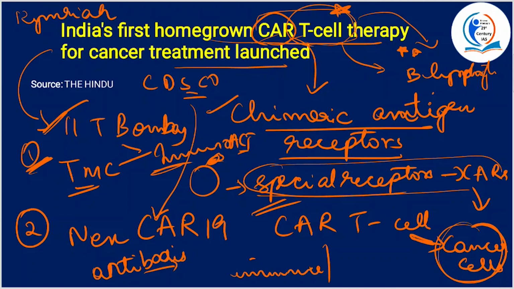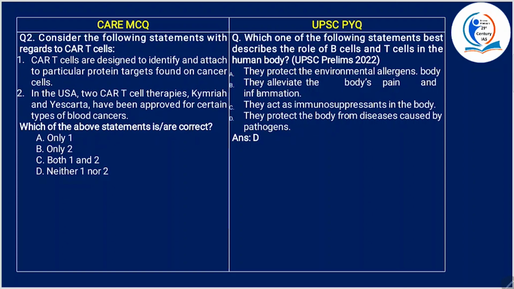Okay. Now, consider the following statements with regards to CAR T cells. CAR T cells are designed to identify and attach to particular protein targets found on cancer cells. This is absolutely right. In the USA, two CAR T cell therapies, Kymriah and Yescarta, have been approved for certain types of blood cancers. This is also right.